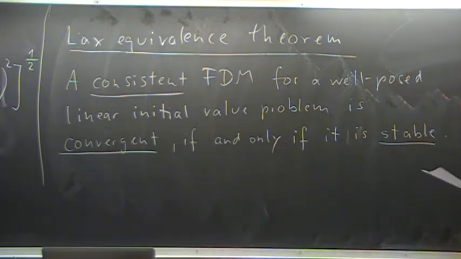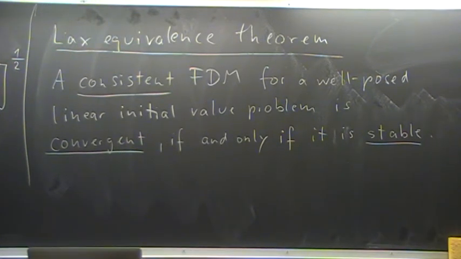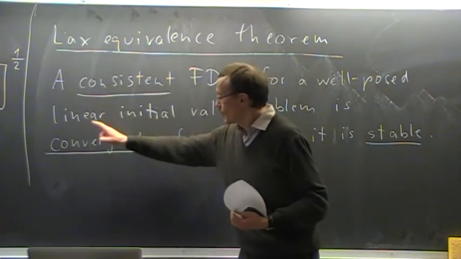So let's digest that. A consistent finite difference method for a well-posed, that means that a solution exists, is unique and depends continuously on the data, in that case on the initial condition. So a consistent finite difference method for a well-posed linear initial value problem. So that is also important.